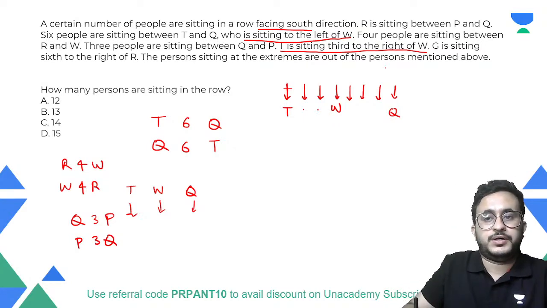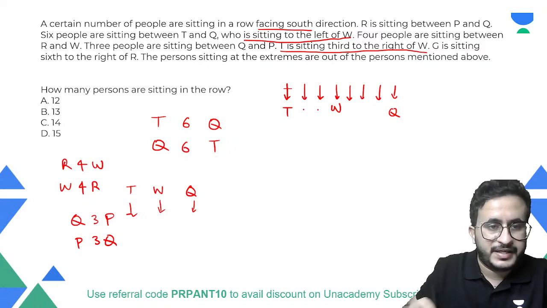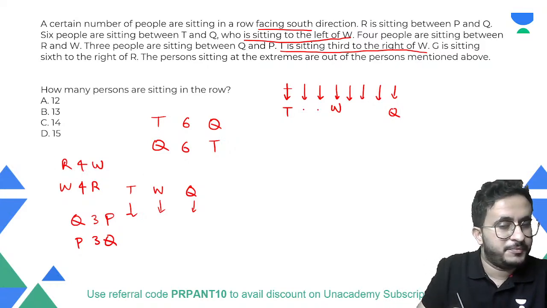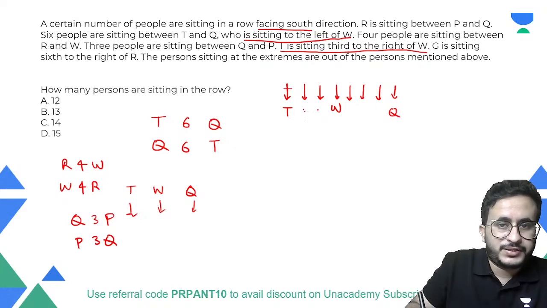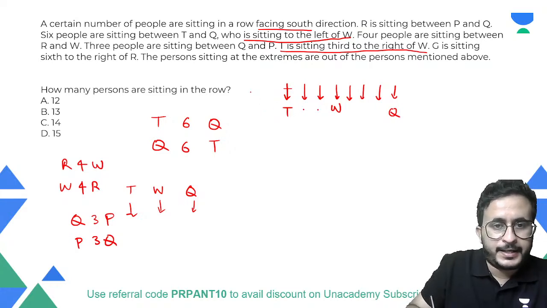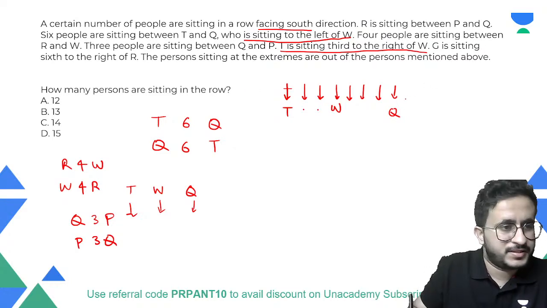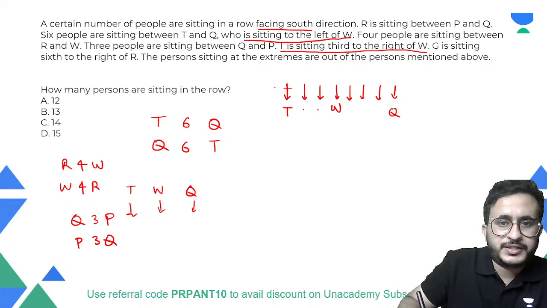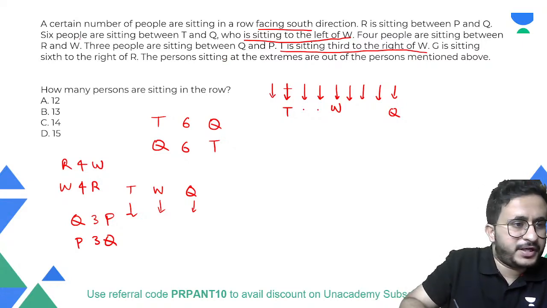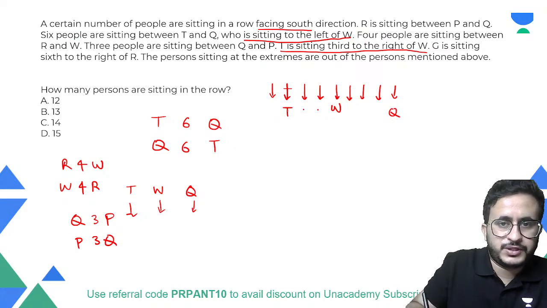Now, any other relation? R and W, four people in between, right? Now one thing could be 1, 2, 3, 4, and then R. And another possibility could be this. Let us take one possibility: there are four people between R and W. So this is W, 1, 2, 3, 4.